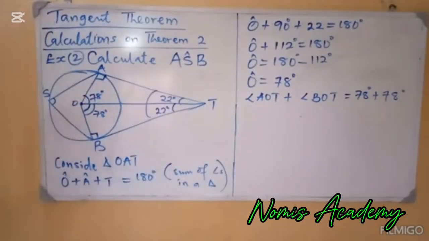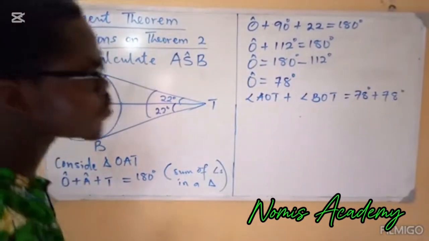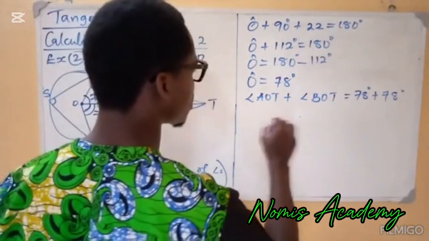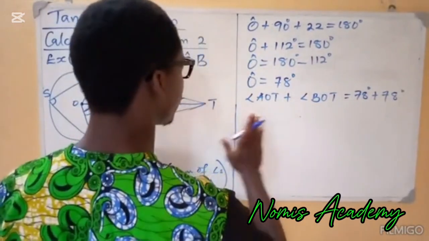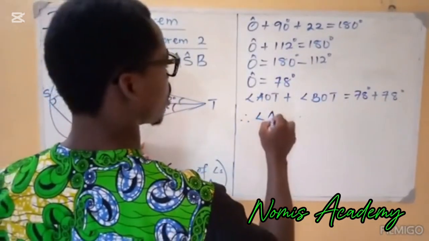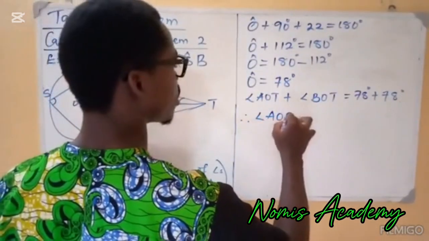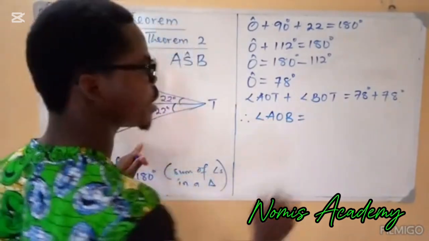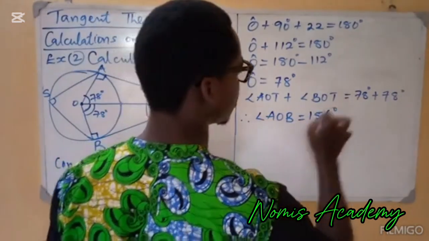When you add the two together, that is 156 degrees. Therefore, angle AOB is equal to 156 degrees.